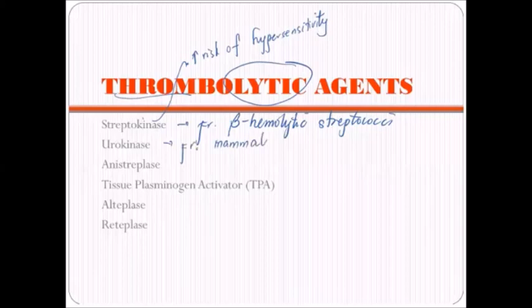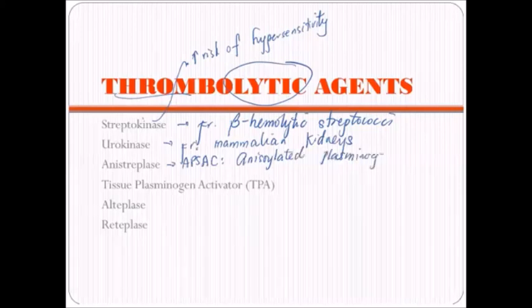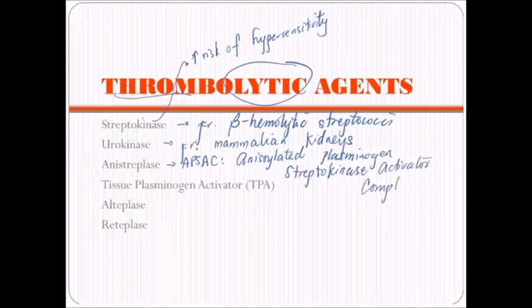Okay, so this was isolated from mammalian kidneys. Anistreplase is an example of an APSAC. APSAC stands for anisoylated plasminogen streptokinase activator complex.